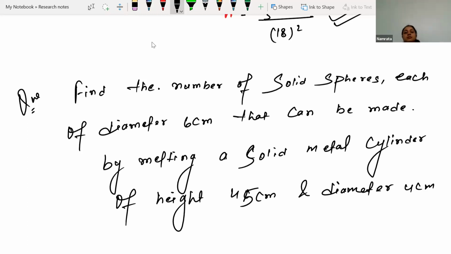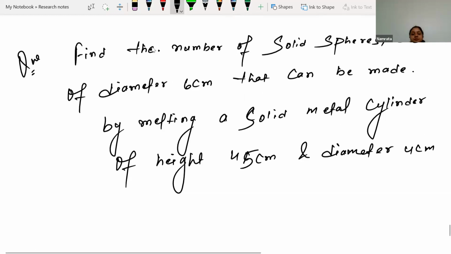What can be done? Find the number of solid spheres, each of the diameter 6 centimeter, that can be made by melting a solid metal cylinder.